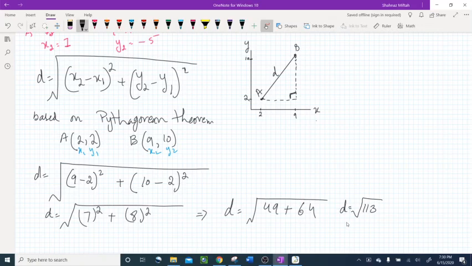I don't think 113 is a perfect square, so I can use my calculator to find the answer. When I plugged it into the calculator, I got 10.63, rounding to 3 decimal places. So this is my distance between the points.